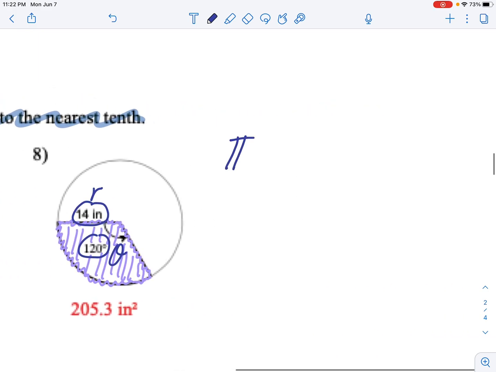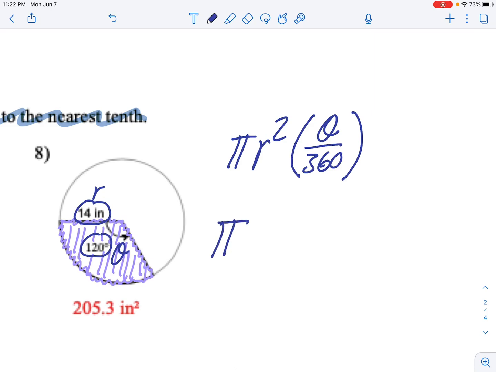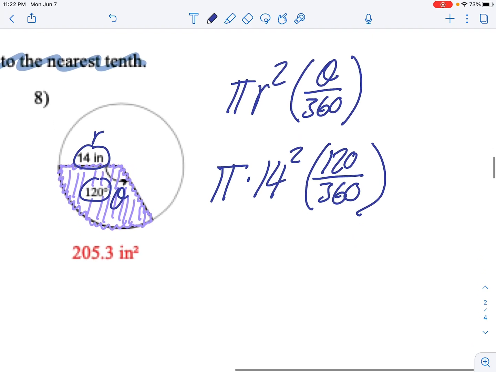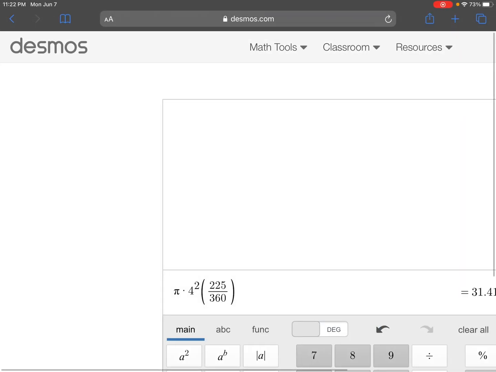And our formula here was pi r squared times theta over 360. So pi times r is 14 squared. Theta is 120 over 360, just like that.